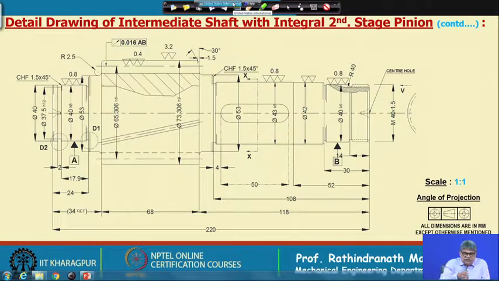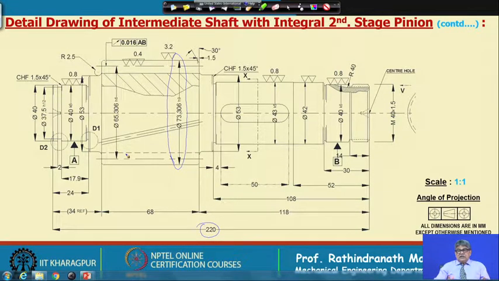After the detailed drawing development, we find this is 220 millimeter long, and here the maximum diameter is 73 millimeter. So, probably if a good stock of 75 millimeter is available, that will do.